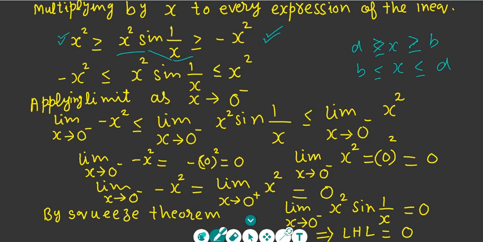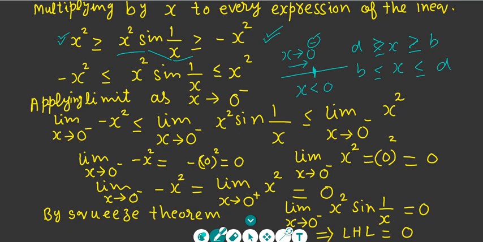As we know that our x is less than 0, we can apply the left hand limit. We approach 0 from the left side, so we take the left hand limit: x approaches 0 with a minus sign, which shows the left hand limit, so x approaches 0 from the left hand side.